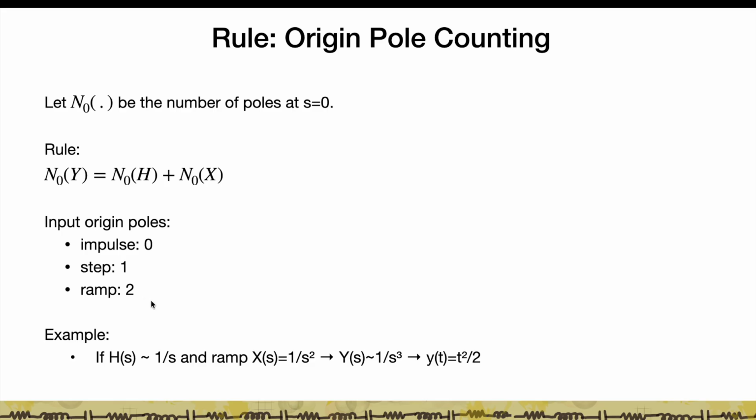And origin poles correspond to polynomial growth in time. One origin pole corresponds to constants, 2 corresponds to ramps, 3 corresponds to t squared growth. So when you see H(s) as 1 by s and ramp X(s) as 1 by s squared, you instantly know Y(s) as 1 by s cubed, and the time domain term is t squared by 2. This is not memorization, it's structure.